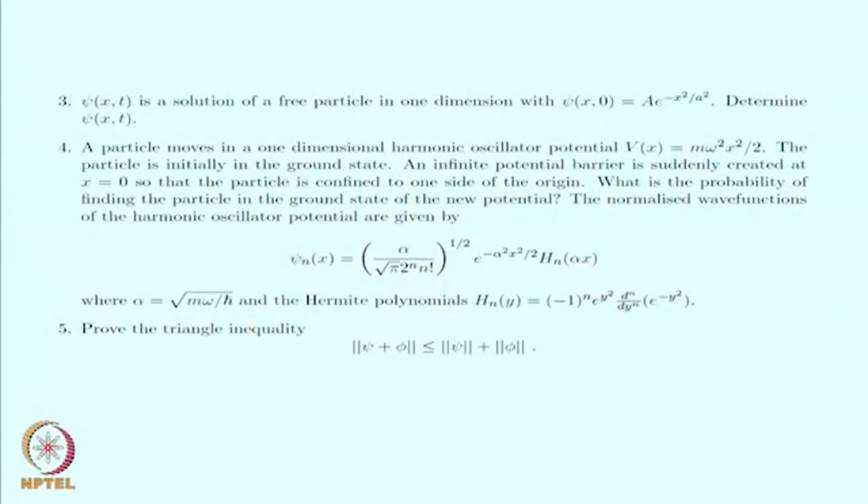Okay. So, now we go to the next set of problems, that is the third problem. In problem 3, let me just recollect the first tutorial. In that we had calculated the time dependent wave function, right.